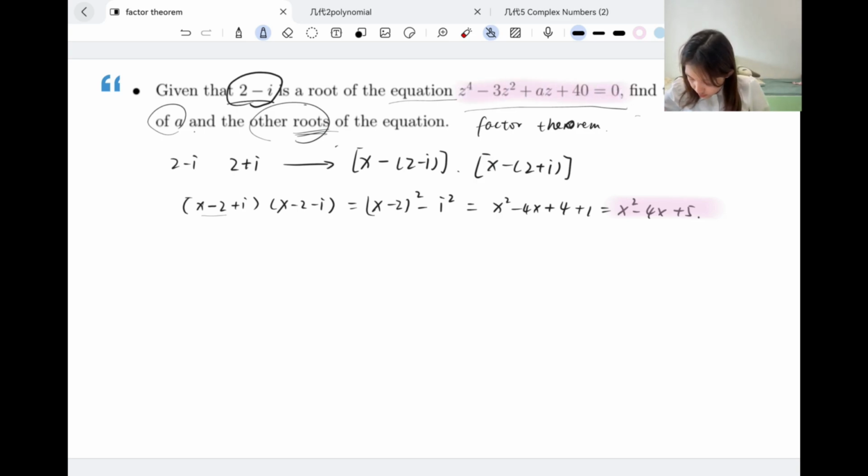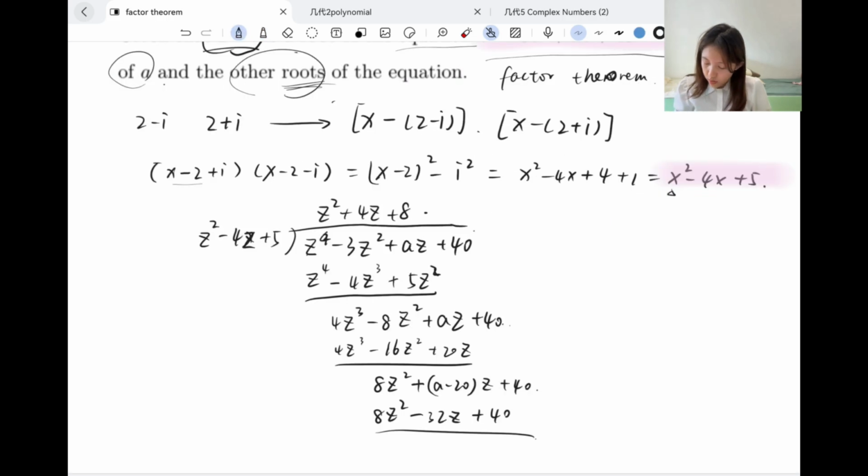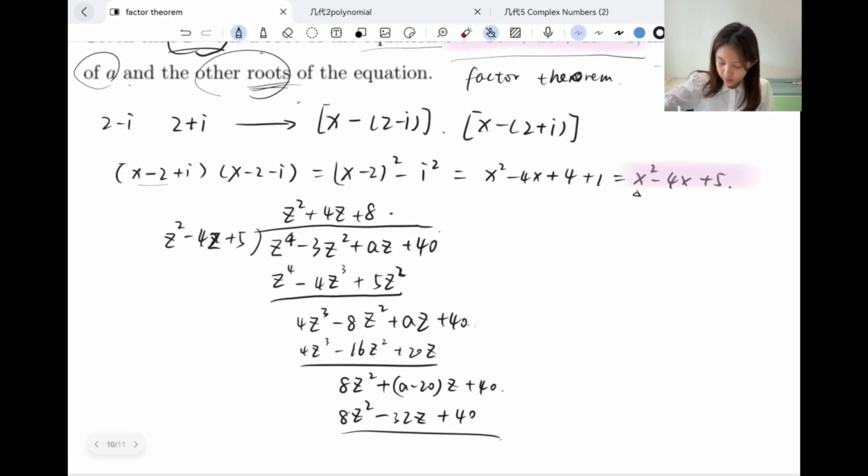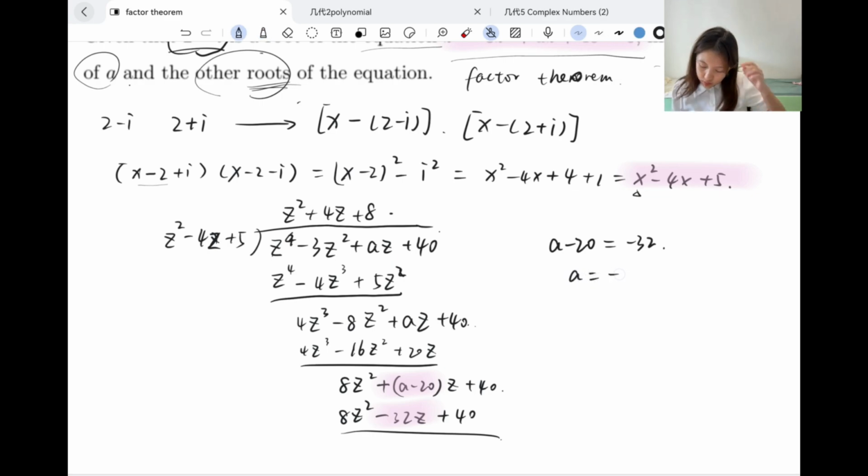The next step is to use long division to solve this problem. From the long division we learn that a minus 20 should be equal to minus 32, and then we find a is equal to minus 12.